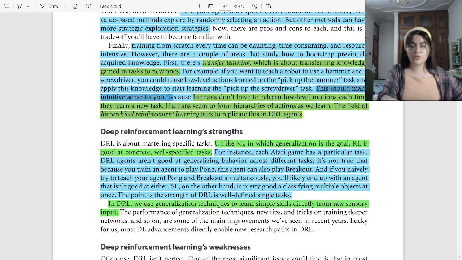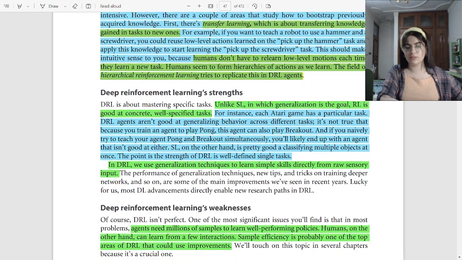This should make intuitive sense to you, because humans don't have to relearn low-level actions each time they learn a new task. Humans seem to form hierarchies of actions as we learn. The field of hierarchical reinforcement learning tries to replicate this in DRL agents.